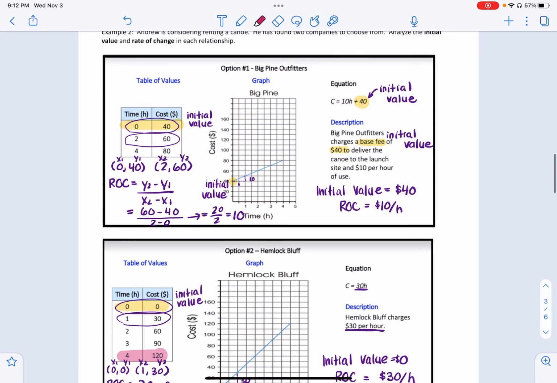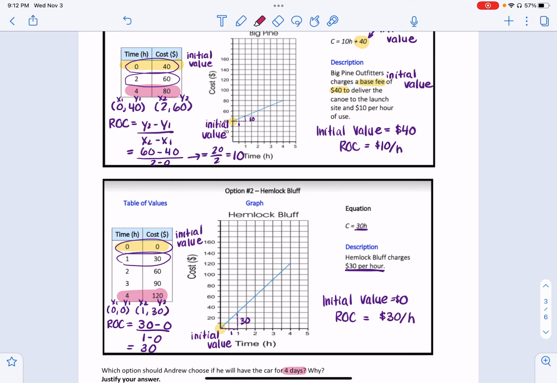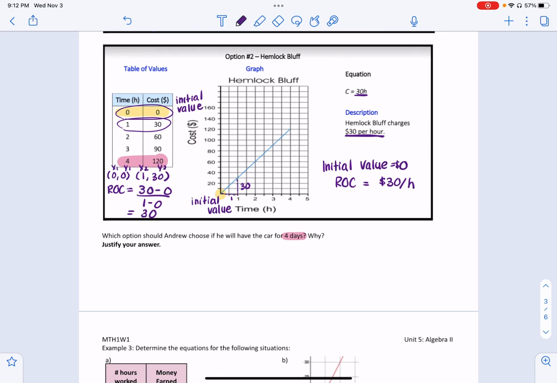And with Big Pine Outfitters, 4 days, it's $80. So even though it is $10 an hour at the first one, and even though you still have that $40 initial value, it's still cheaper to go with the first option after 4 days compared to option 2.